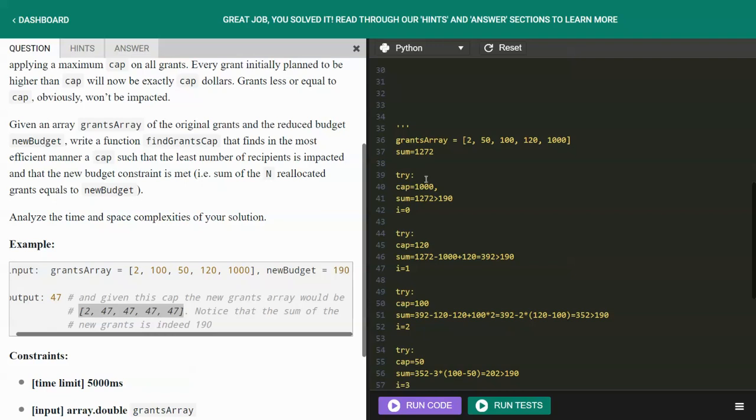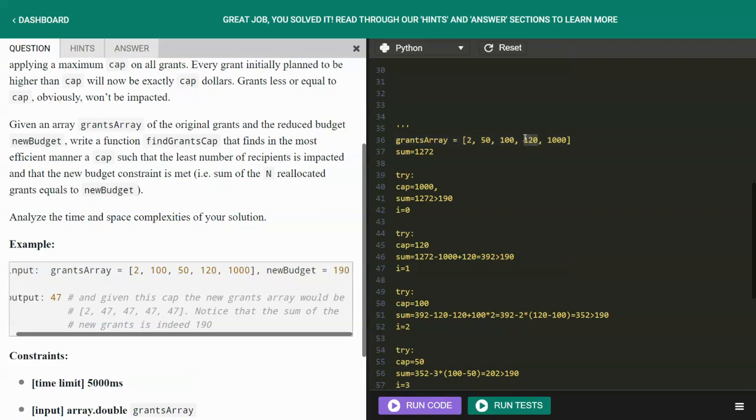First things first, we have to sort it because we have to find the cap rate that impacts the least amount of people, right? So the search for the cap rate will be starting from the highest grant number to the lowest grant number, because if we impose the cap at the highest grant number, that will be the least amount of people that we impact.